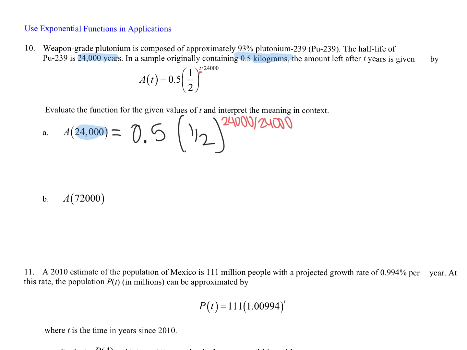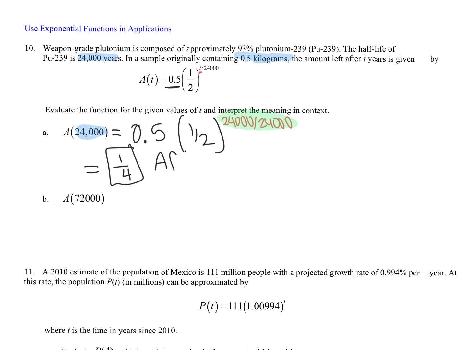So this will just be really 0.5 times 1/2 to the first power, which is just going to be 1/4.